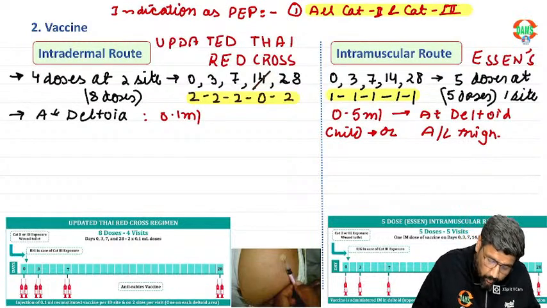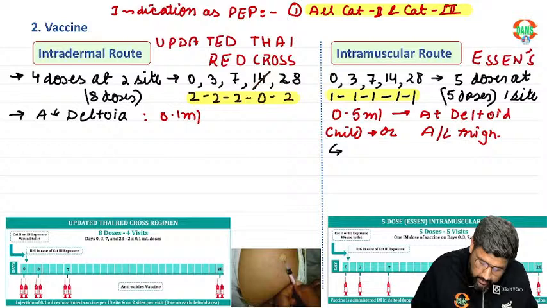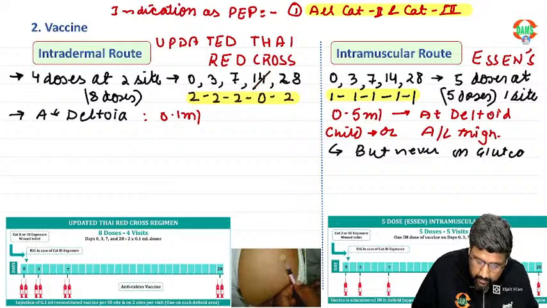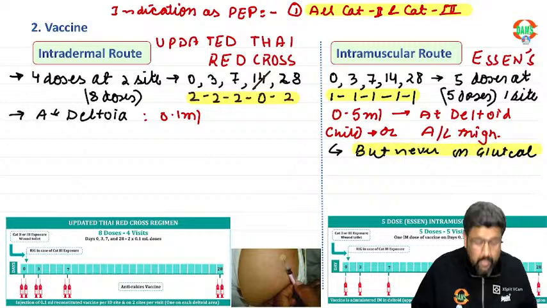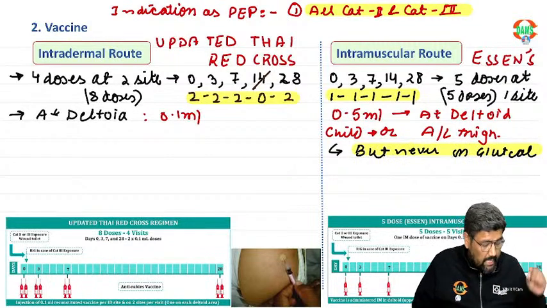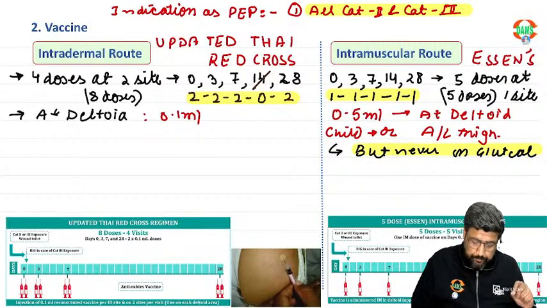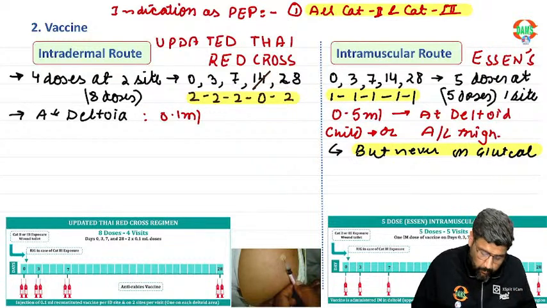Now, whatever I want to tell you about this point is, it is never given on gluteal. This is the important point. Even if intramuscular you are giving, never given on gluteal region. Right? Now bachcho, look here. Yes, guys, I want to draw your attention here.